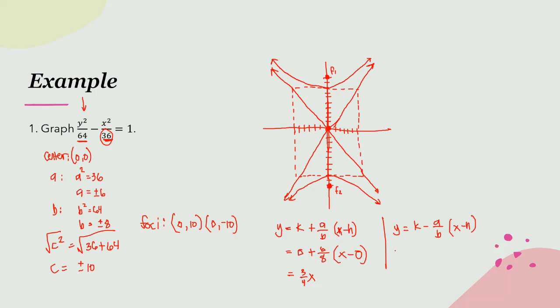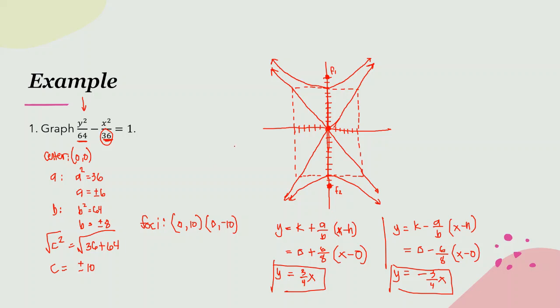The same goes here. We have 0 minus 6 over 8 times x minus 0. So we have negative 3/4 x. So these are now the equations of our asymptotes.